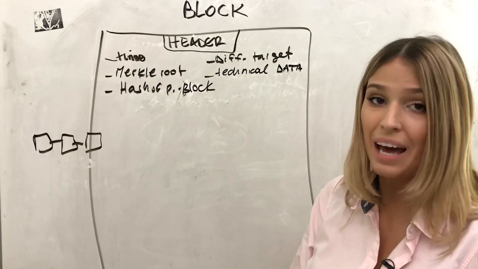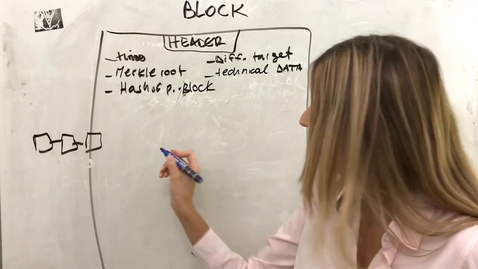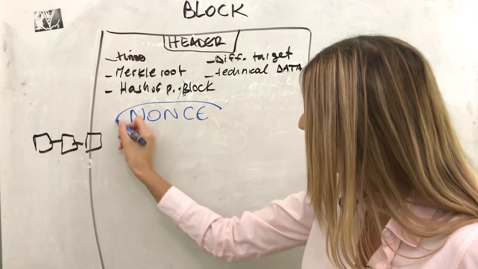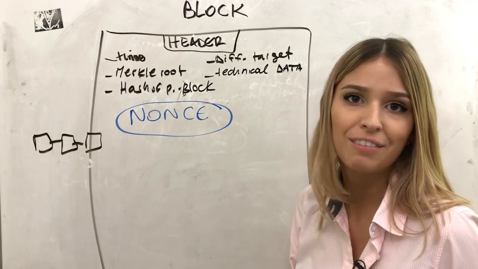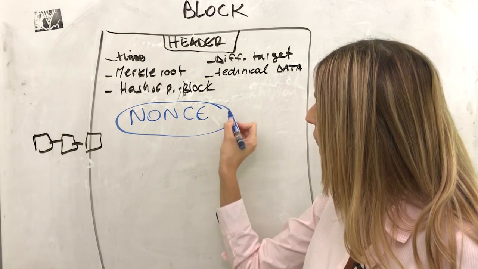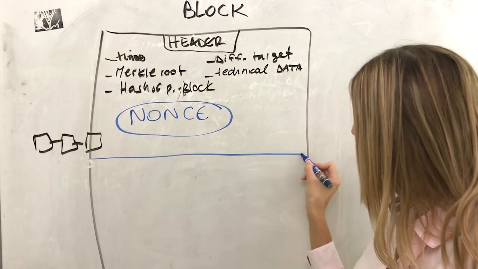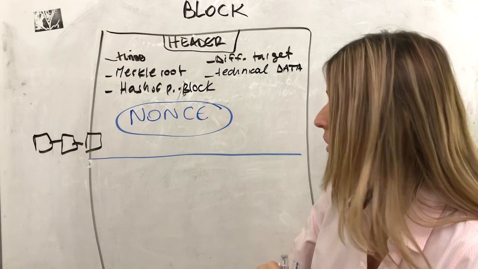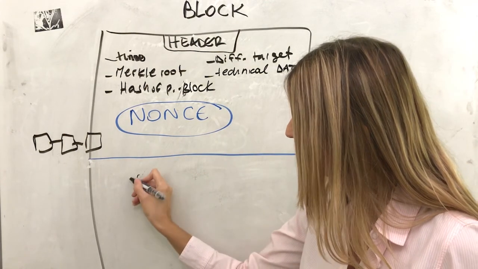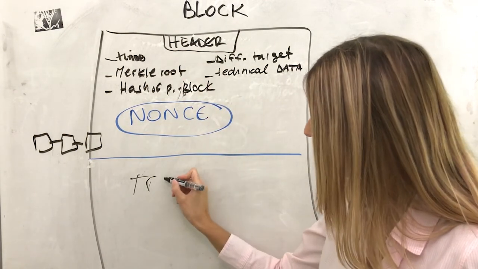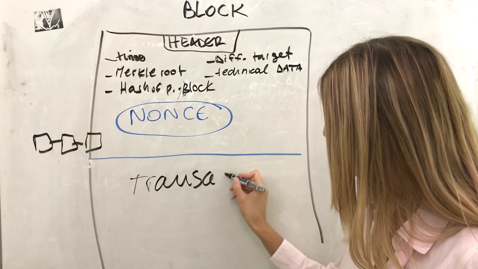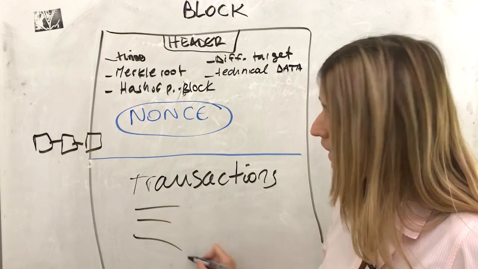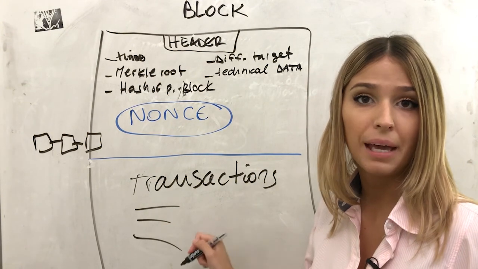And also what we have in the header is the nonce. We are going to be talking about this also in this super mega video, but before we get there, what all mining and proof of work is all about: in a block we also have, this is the header, then we have the transactions, all the transactions including the coinbase transaction.